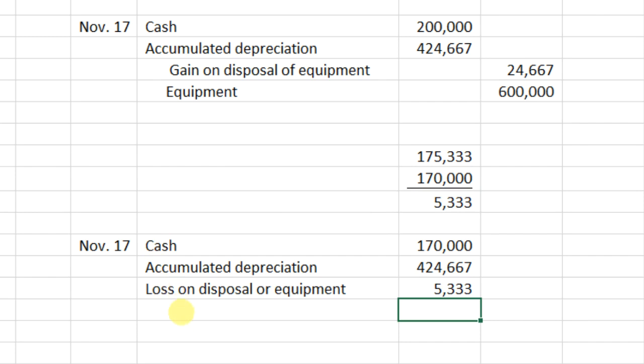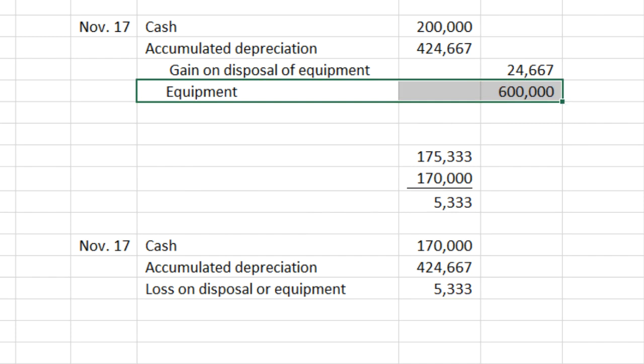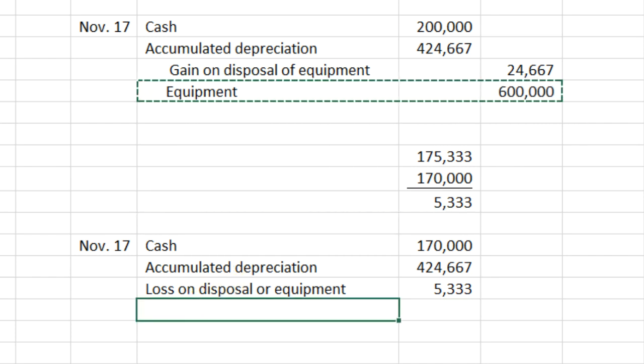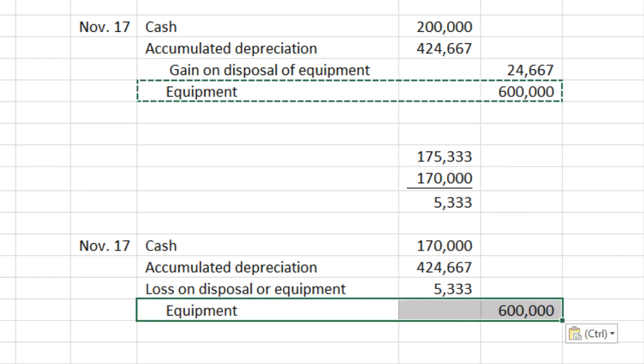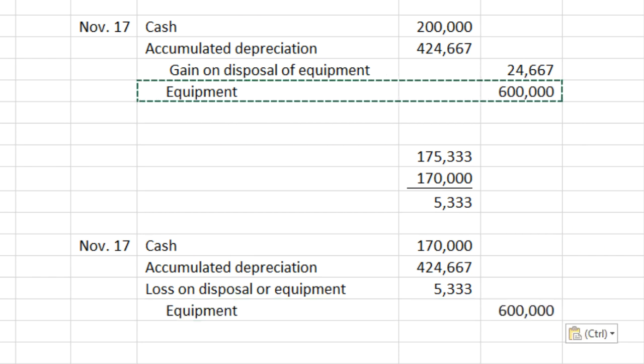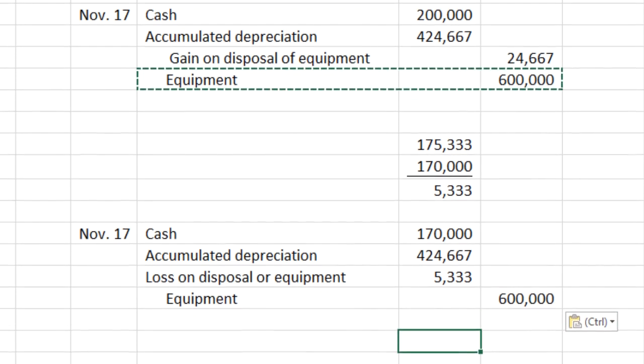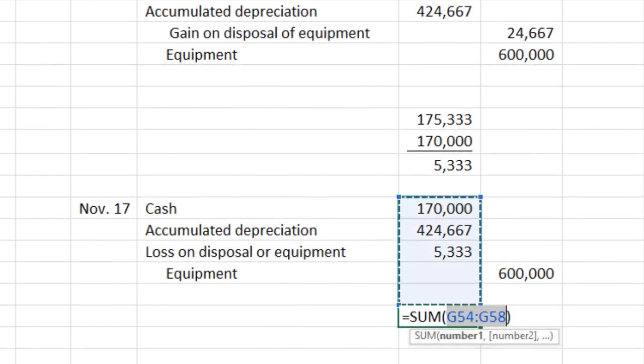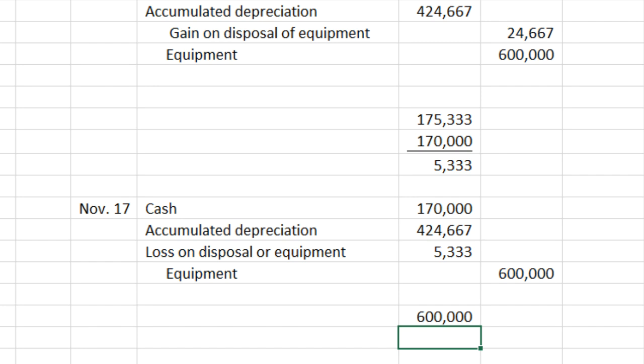Okay, now the only thing we need to do, which does not change, is we need to credit out or close out our equipment because we don't have it anymore. So the only thing we really want to do at this point is say, did we do this journal entry right? So what I'm going to do is I'm going to add up these numbers. Hey, debits add up to 600,000, right? We can be pretty happy about that. It looks like we did the right journal entry. Always check that in these and make sure it worked.